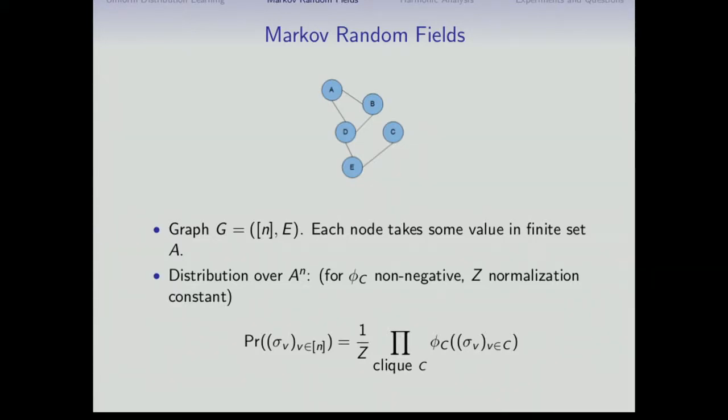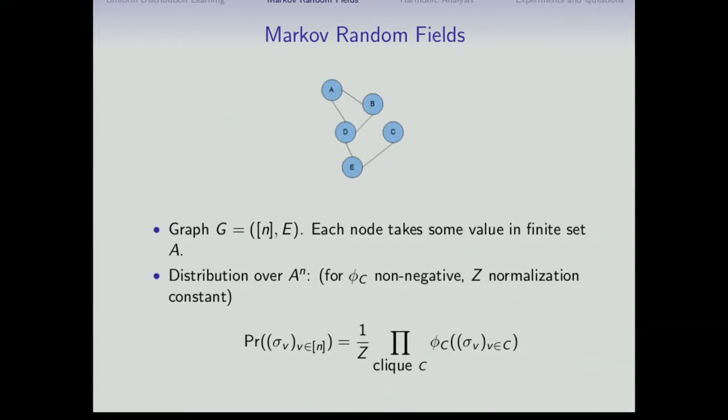With each clique in the graph, there's a non-negative function associated with it. For any setting of assignments of the variables for each node, you can define a probability that's proportional to the product of all the cliques in the graph. So this defines a distribution on the set A to the n.